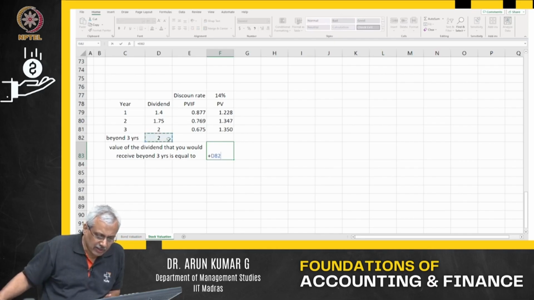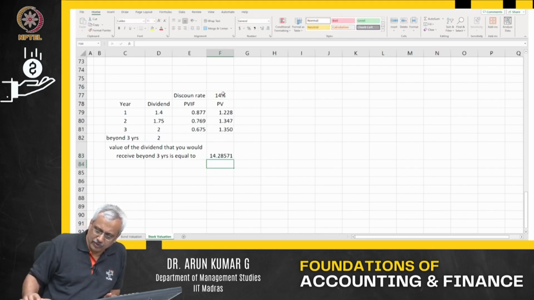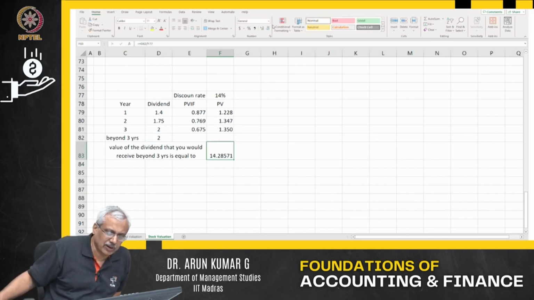This is the dividend I'm going to get, constant growth, and this is the rate, this is the one, 14.28.